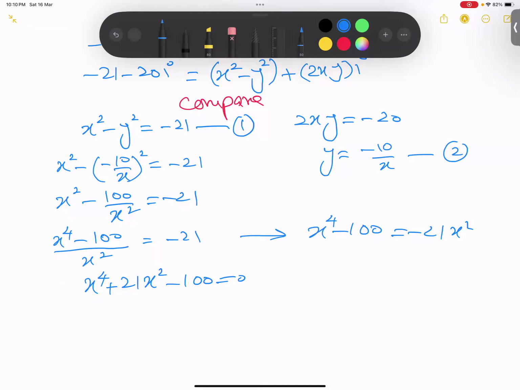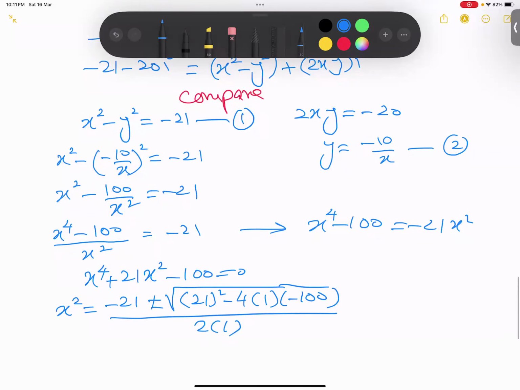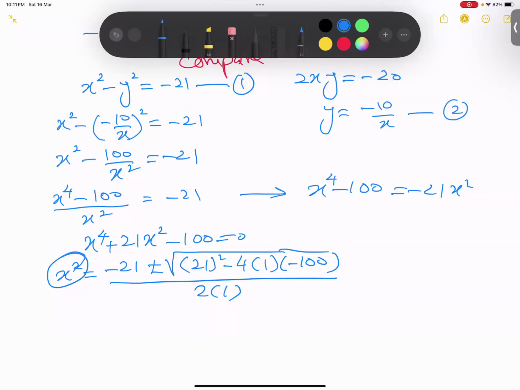If I go for the quadratic formula, students, let's have a look: x square equal to negative b plus and minus the square root of b square minus 4ac. No need to show full working after this step, directly give the answer. You can ask why I put x square: because whenever x to the 4 is here, half power comes here always. I think this is easy to do now, and I'm going to give the answer directly.